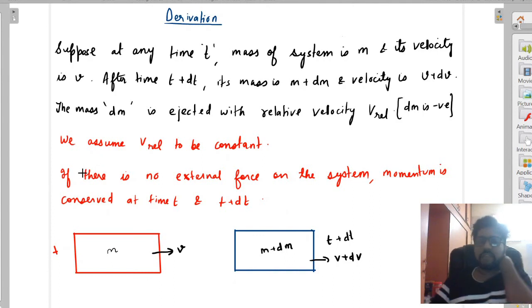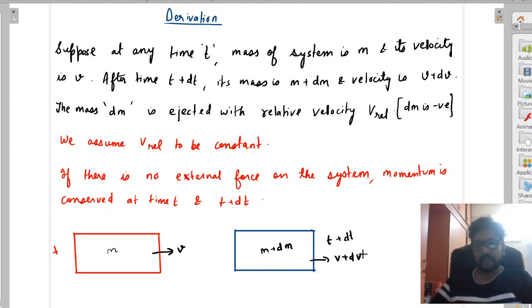So we will derive only for one case when the mass is getting ejected. If the mass is getting ejected, dm has to be negative. The mass dm is ejected with relative velocity v relative, and here dm is negative. We will assume while deriving this that v relative is constant.